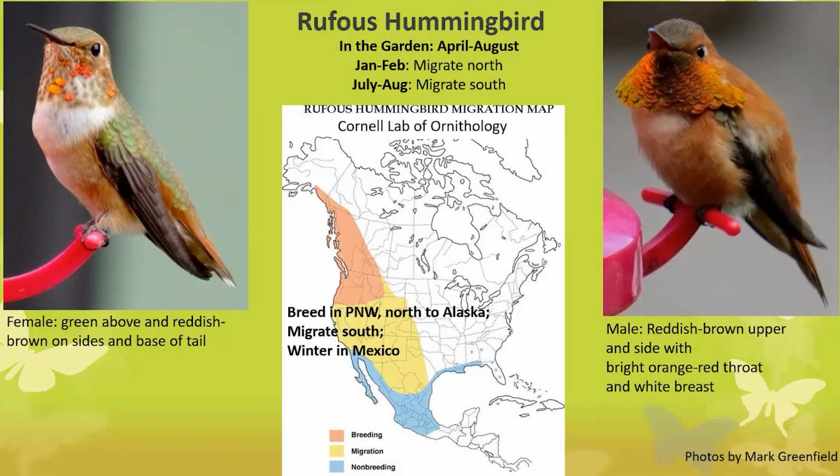They are in our area during the summer for breeding. In fact, they occupy most of the Pacific Northwest all the way up to Alaska, and in late summer, they move south and spend their winters in Mexico.